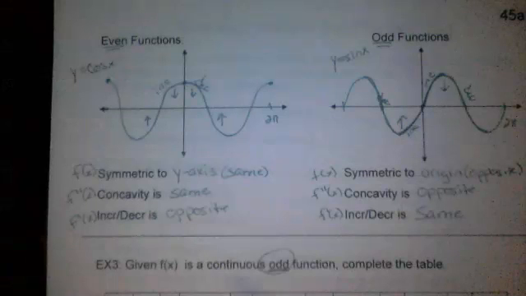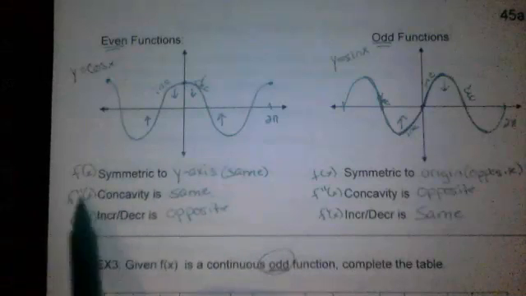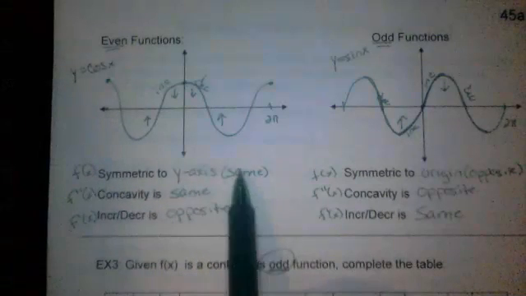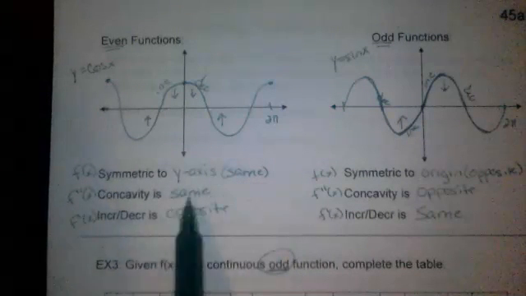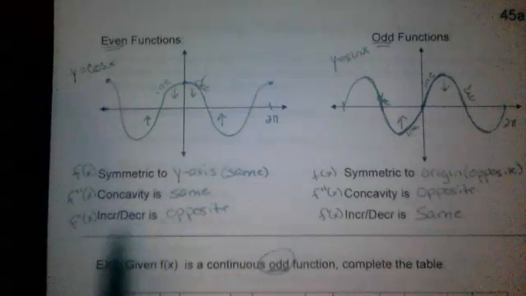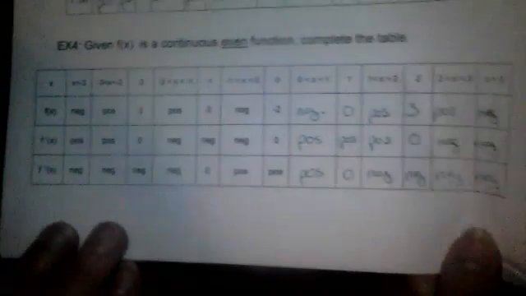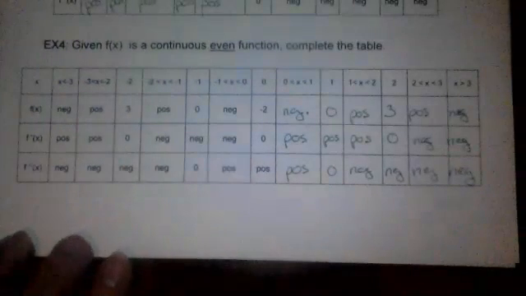Alright, so for an even function graph, we're using this information. We know that the value of the function on either side of the y-axis will be the same. For concavity, which is our second derivative, it's going to be the same, but for the increase, decrease, which is our first derivative, things would be opposite. So here's what you should have in your charts.